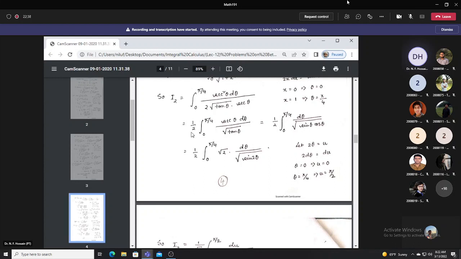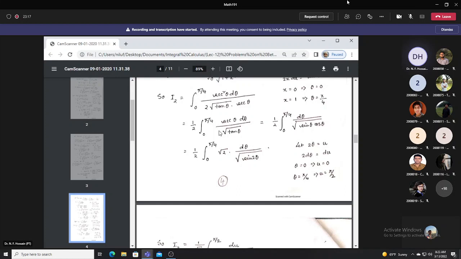Now you see, let us write this sec theta as 1 over cos theta, and in the lower part it is root over sine theta by cos theta. If you take the cos theta to the upper side, that means cos theta is multiplied here.